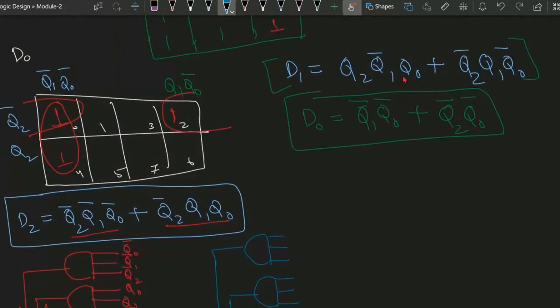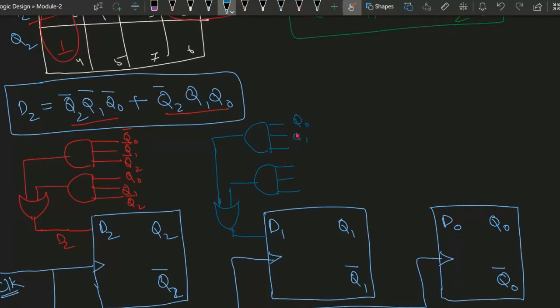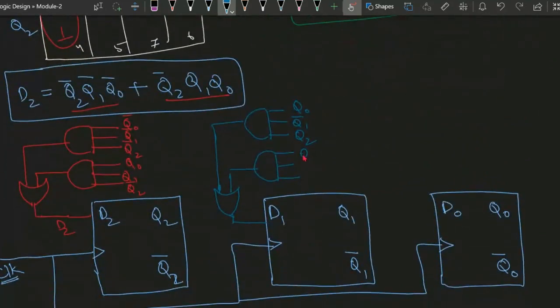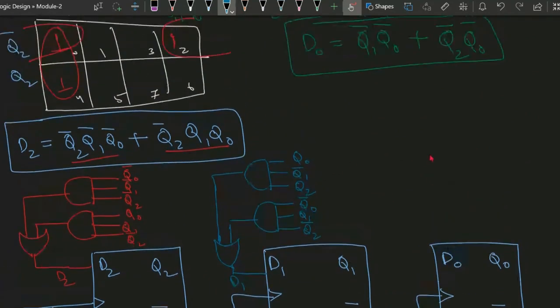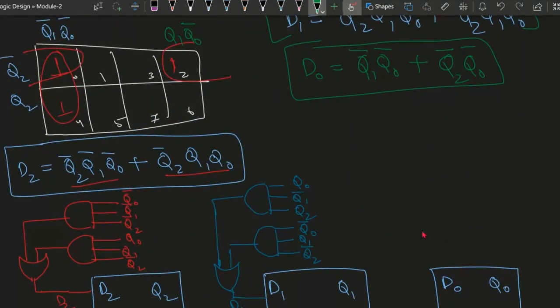So Q0, Q1 bar, Q2. Next one is Q0 bar, Q1, Q2 bar. This is the expression for D1. Similarly, the expression for D0. So D0 will be this one, and there is another OR gate required.